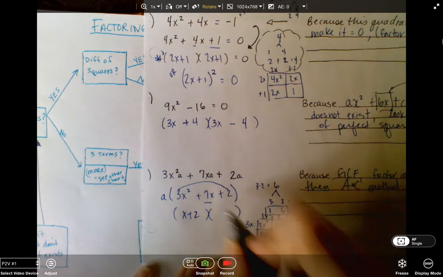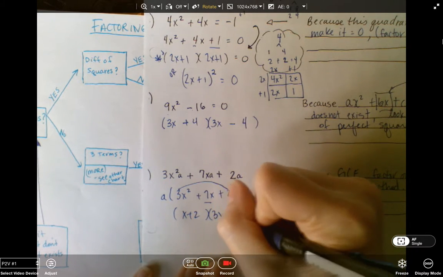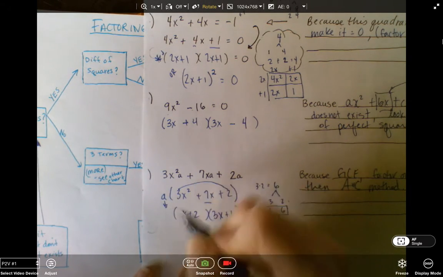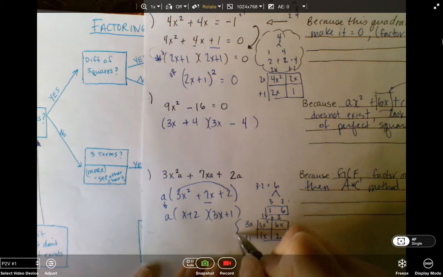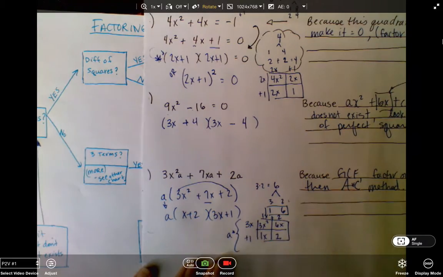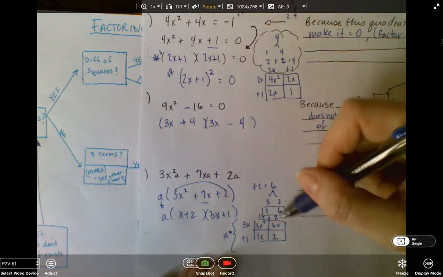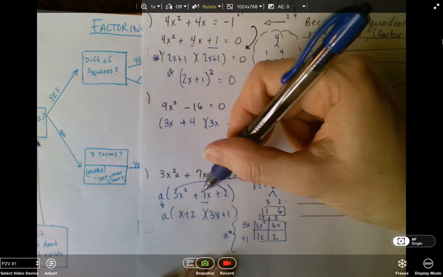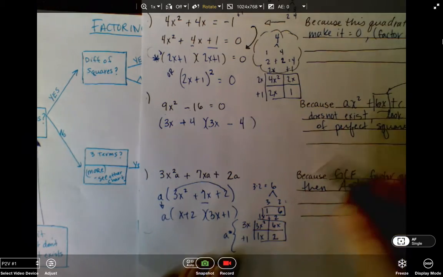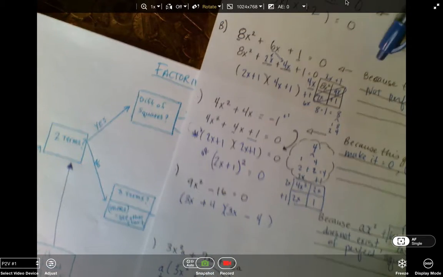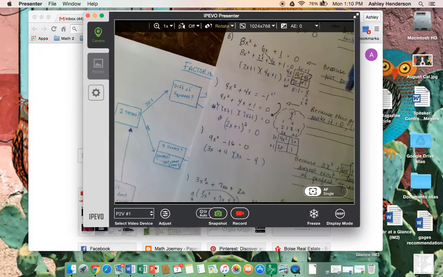And then just write the sides of the box. Now you might be tempted to leave it like this, but let's not forget that there are a number of those boxes occurring, so we want to make sure we have that up there. Again, if it didn't work out that these two added up to make one of these, then you can say that they're not factorable. And that is your flowchart.